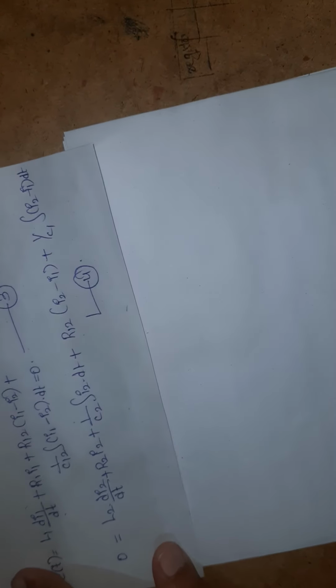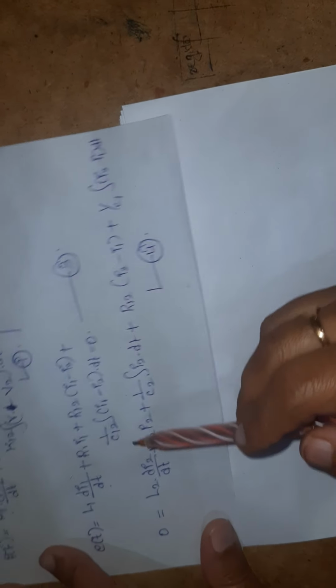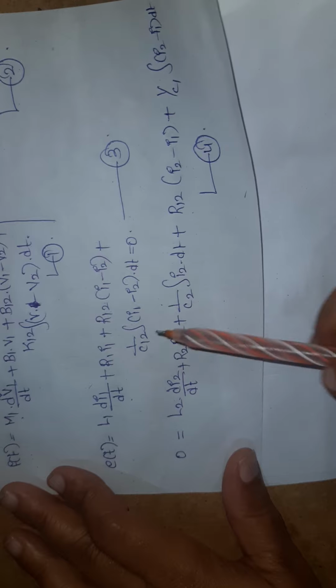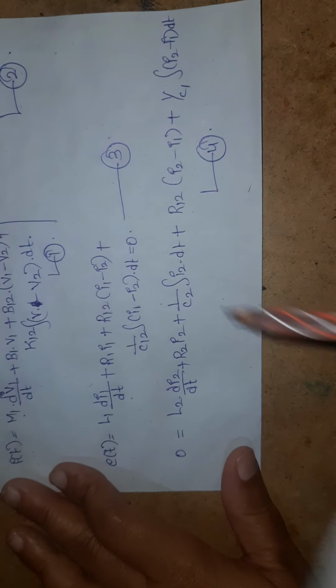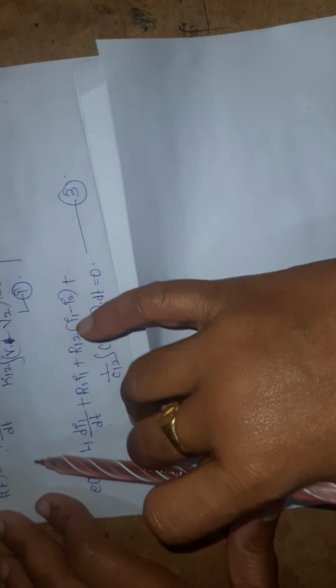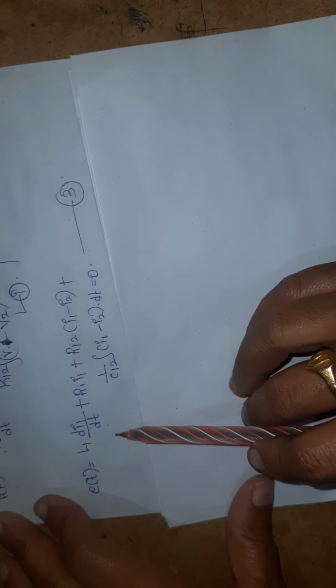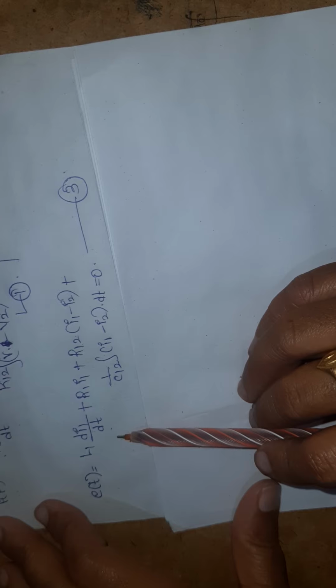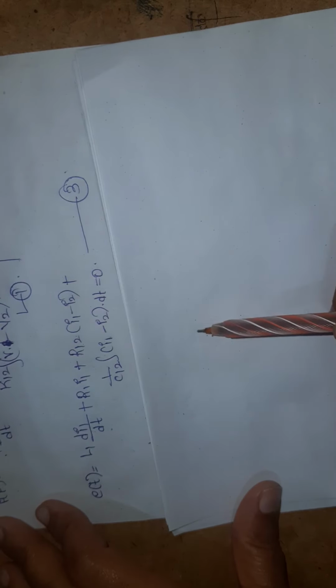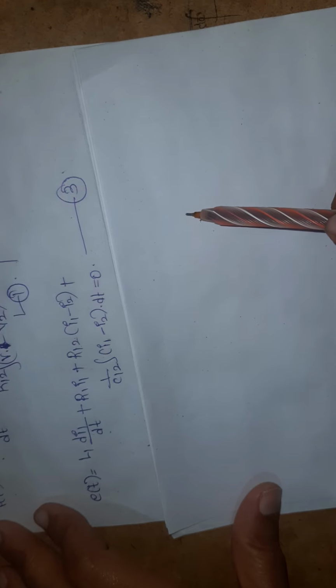How, means, just see, from equation 3, we already know that in the force to voltage analogy we are having a voltage source, and next all the elements are connected in parallel.